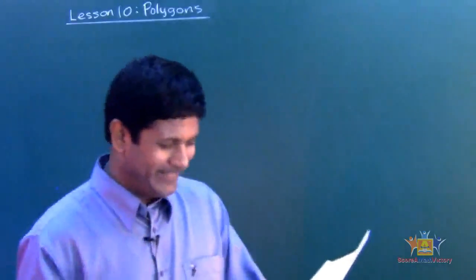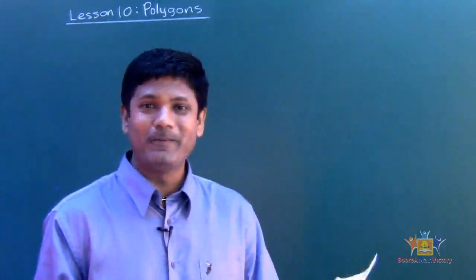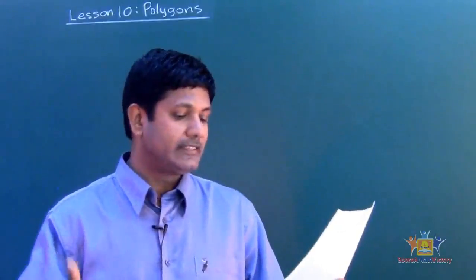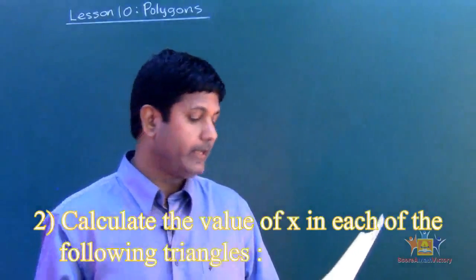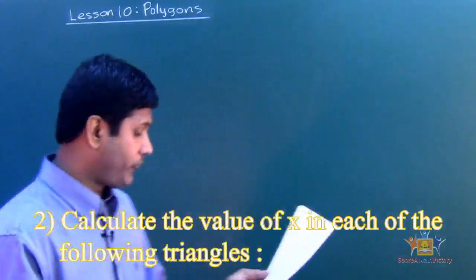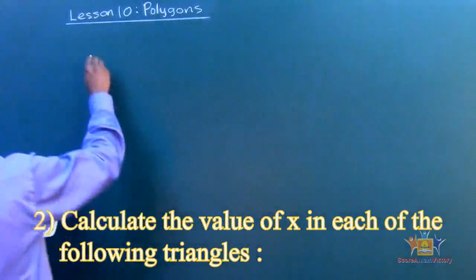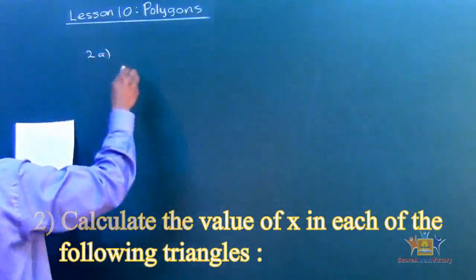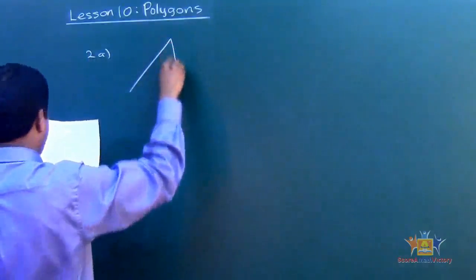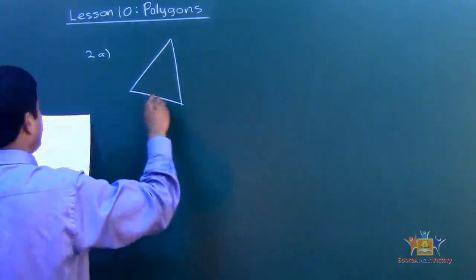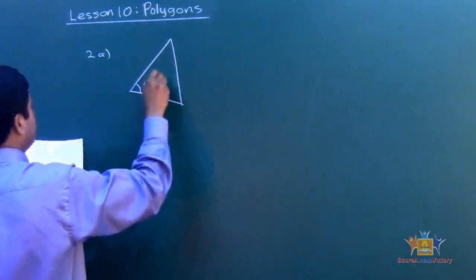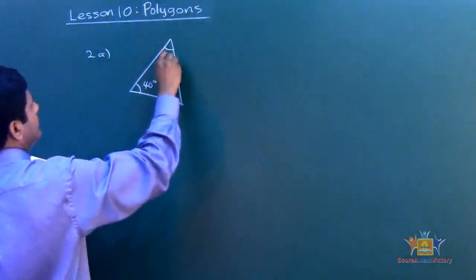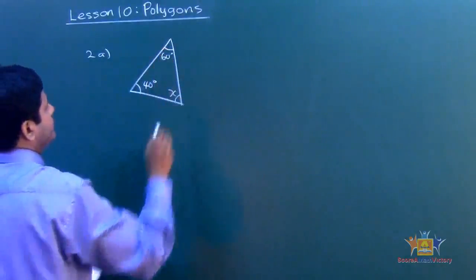Alright, my students, are you ready for problem number 2? Problem number 2 says calculate the value of x in each of the following triangles. Let's draw the first one. You're given a triangle with angles, 40 degrees and 60 degrees, and we're looking for x.